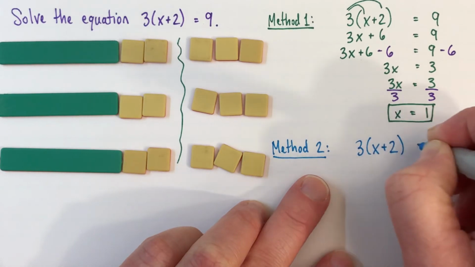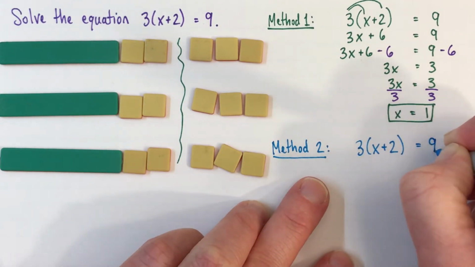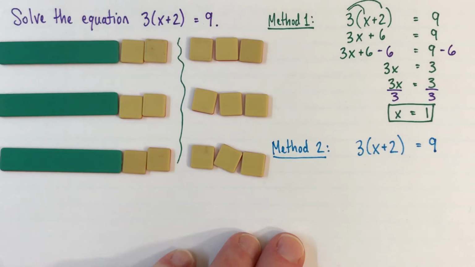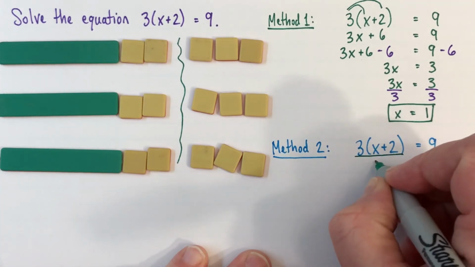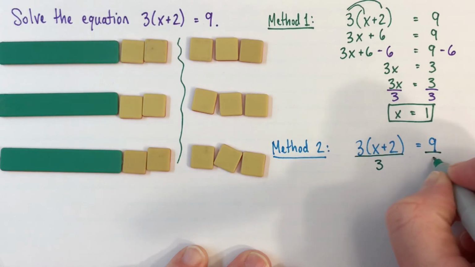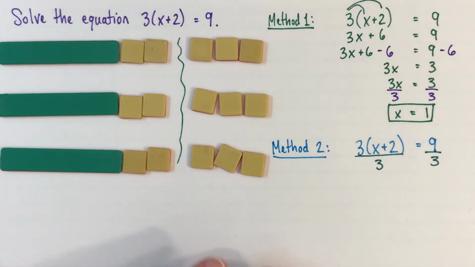I would like to divide both sides by 3 here. So I'll write a big division sign like that, and a division sign like that as well.